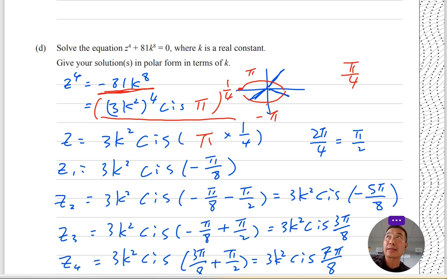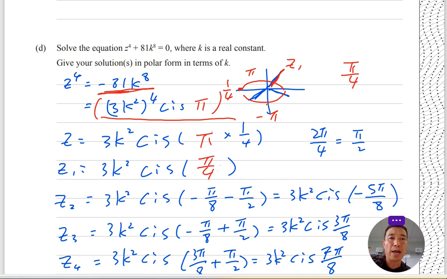But inside the argument, the angle, you have to go pi times a quarter, which is pi over 4, right? So the first answer must be pi over 4, which is 45 degrees. So that's Z1, right?